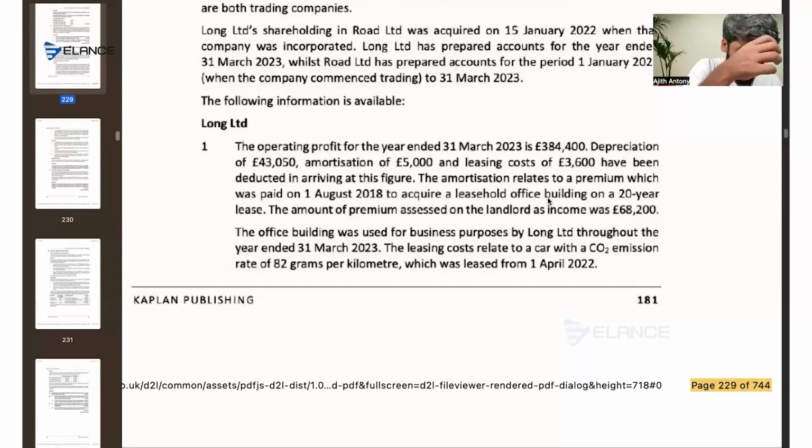So here we should do one thing. We can add back the 5,000, and depreciation we can also add back, and we can deduct the lease premium. Look at the last sentence of the first paragraph: the amount of premium assessed on the landlord as income was 68,200.